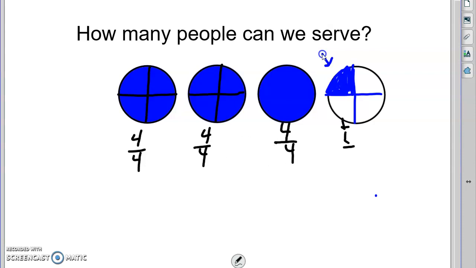And then on my last one, I can get 1 serving or 1 slice out of that pie. So how many customers can they serve? 4 plus 4 plus 4 plus 1, or 3 times 4, which is 12, plus 1 is 13. So they have 13/4, or they could serve 13 customers if they give each one of them a fourth of the pie.